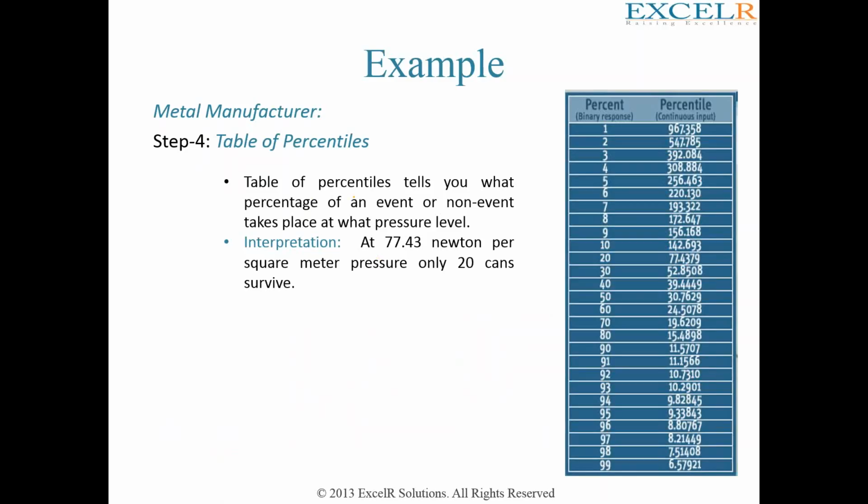This table of percentiles tells you what percentage of an event or non-event takes place at what pressure level. For example, at 77.43 Newton per square meter pressure, only 20 cans survive. If I put so much pressure, only 20 cans survive. So you can calculate all this.